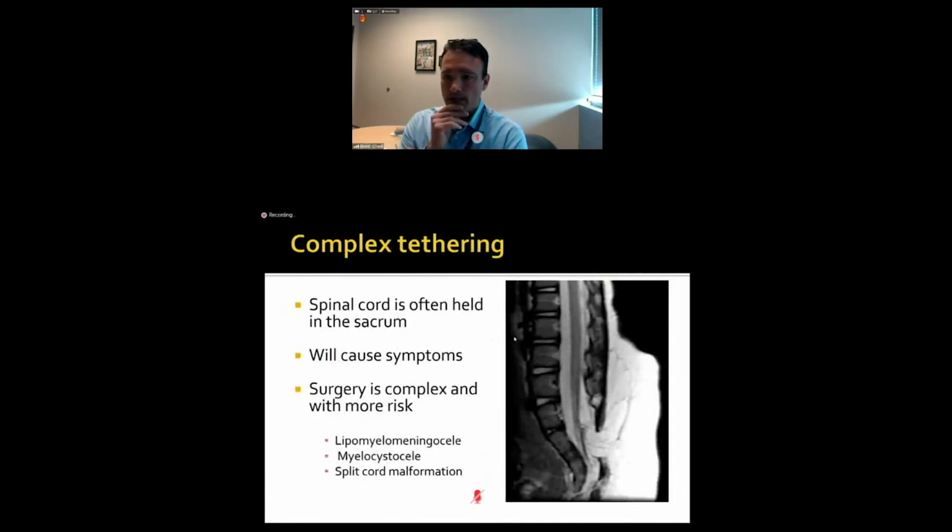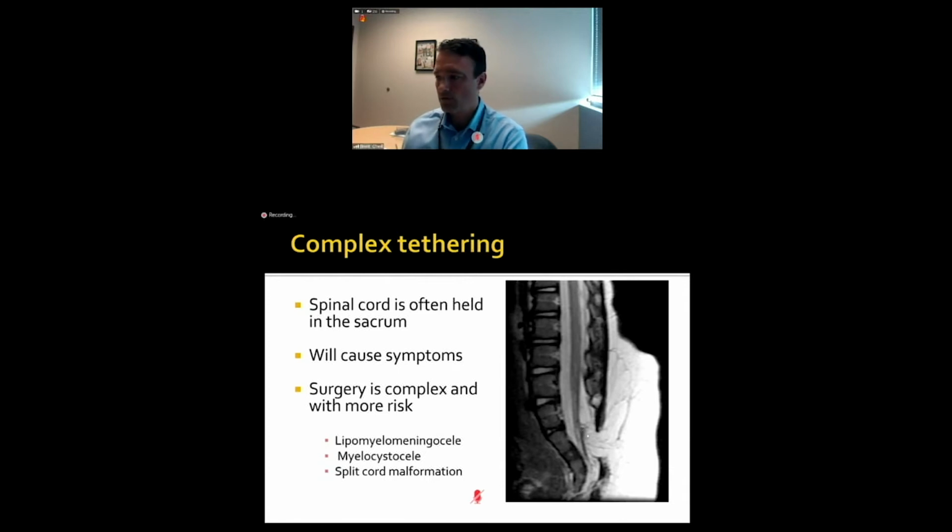In more complex spinal cord tethering, there are a number of different forms of this. The picture here is of a lipomyelomeningocele, which is one of the more common kinds. You can see there's a big white lump on the back, which is a lipoma, or fat, extending, and that extends in this case through the bone, through the muscle of the back, through the dura, and actually attaches directly to the spinal cord.